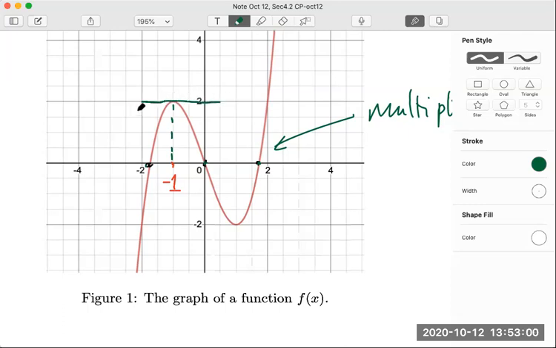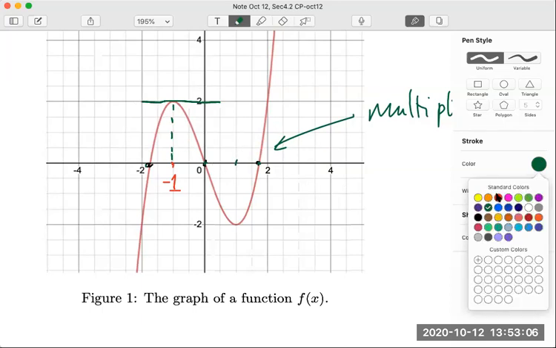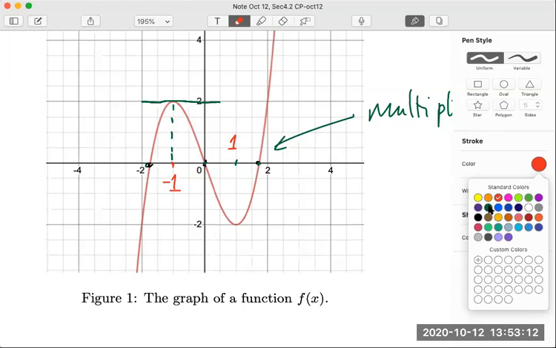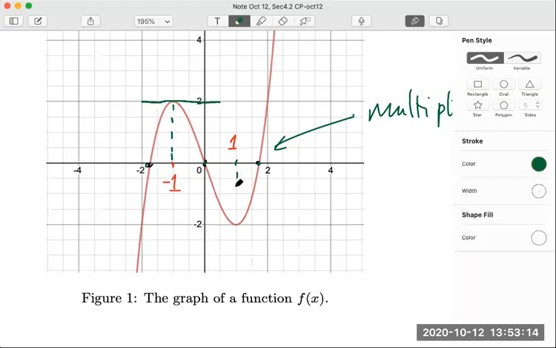Makes sense, okay? How about at 1? This is another critical point, right? And the slope of that point is also, very good. So, makes sense. We found 2 critical points.